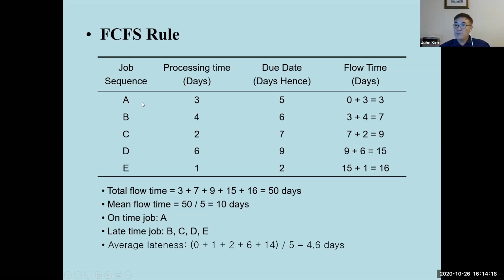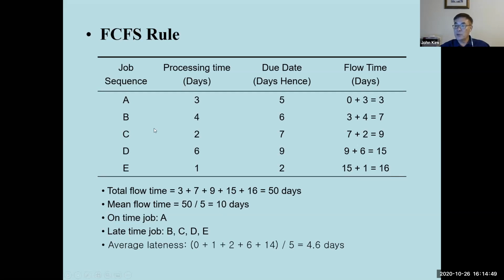On-time jobs: job A, due date is 5, but it finishes in 3, so it meets the due date. 6 days left for B, but it finishes on the 7th day, so 1 day delay. 2 days delay, 9 minus 7, and 6 days late, and 14 days late.